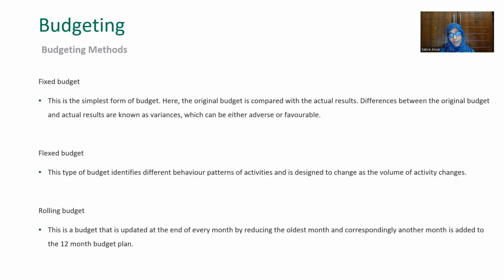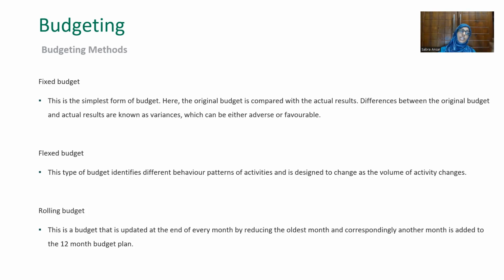At the end of every month, the budget is looked at, whatever variances and issues are identified are included, and that particular month's budget is taken off and a new month is added at the end. So at all times there will be a 12-month budget plan.